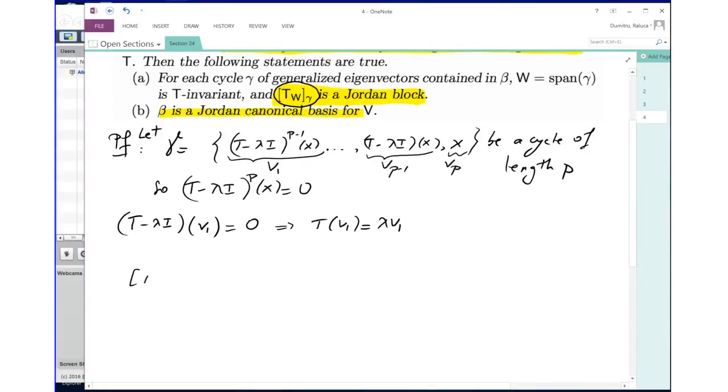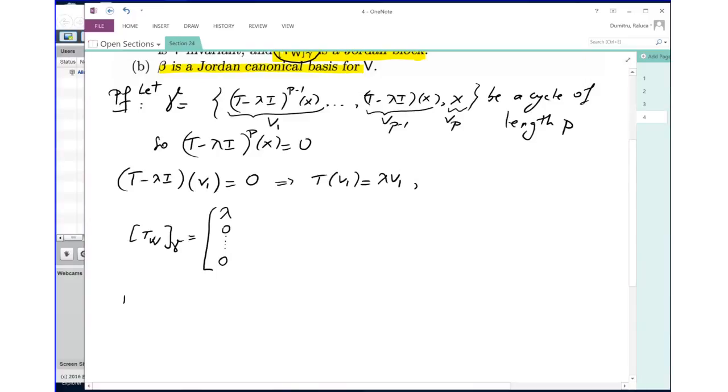I'm trying to create the block, the matrix, just restricting everything to this little space, to gamma. So in this basis, v1 through vp, the first column looks like this: lambda v1 and then zeros.